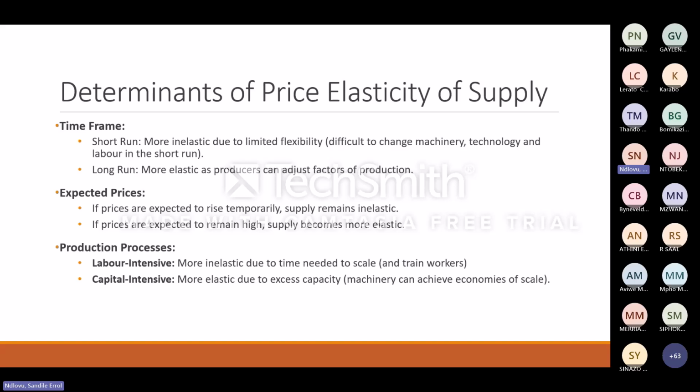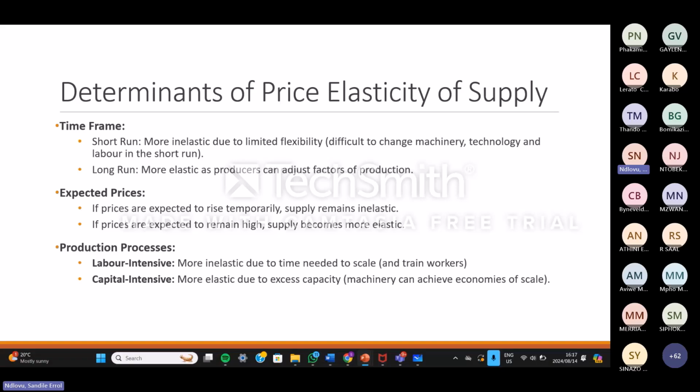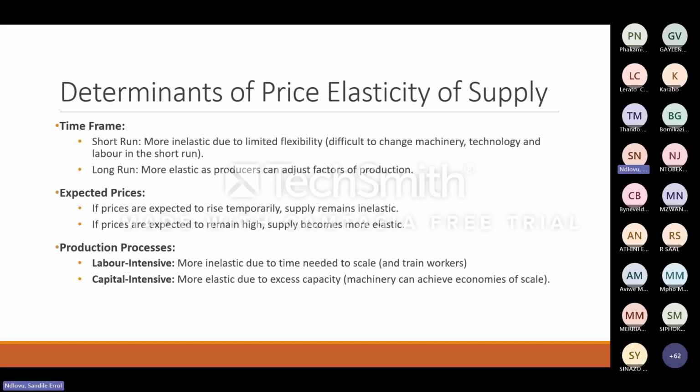And they can also produce many more products using technology and machinery. So hence why many jobs will be lost in the future because of AI and the fourth industrial revolution.